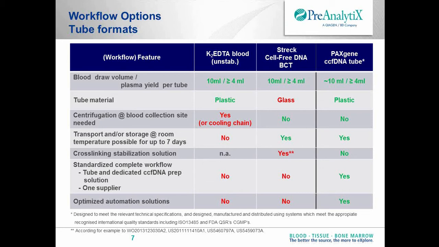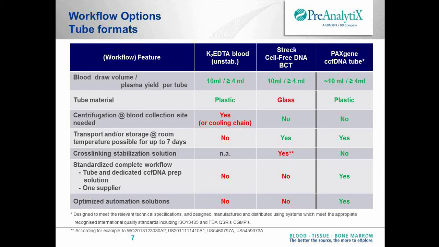For the STRAC tube, you do not have to do this, because in the STRAC tube you have a stabilization solution that prevents the white blood cells from lysis, and therefore you do not get this huge gDNA contamination. In our new tube, we also have a blood stabilization solution that is completely different from the STRAC one, but the effect is the same.